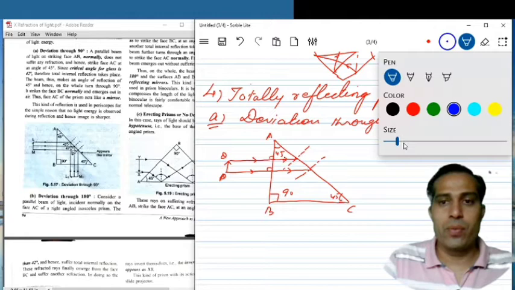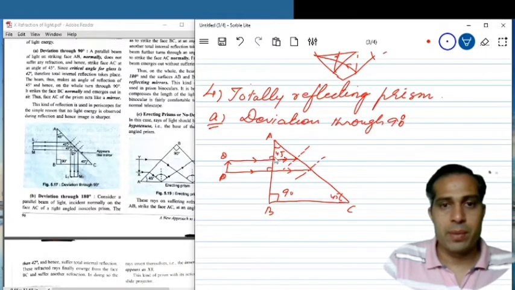So what will the angle of incidence be? As we know, this angle is 45 and this angle is 90. So this angle will also be 45. If this angle is 45, then this is 90, so this angle will also be 45. Same in this triangle also.